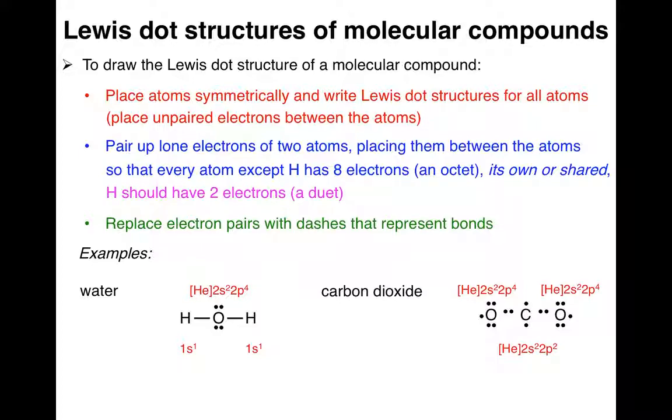Therefore, carbon and each of the oxygens share 2 electrons with each other. Each of the shared electron pairs is replaced by a bond. This is what's known as a double bond.